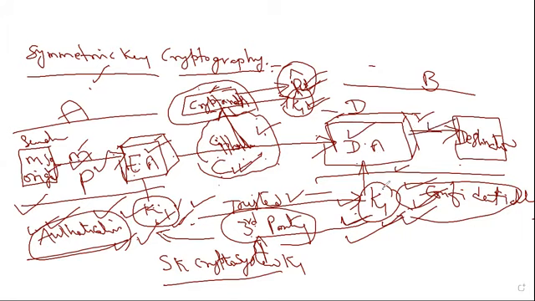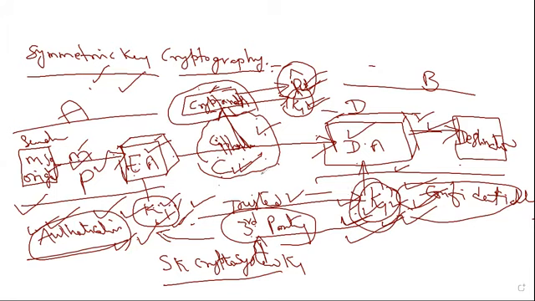And the next terminology is key, secret key. This particular secret key is used by both sender and receiver, and that too the same key, right? If the sender uses key K1, the receiver must also use key K1. So that's why we call it symmetric key cryptography or single key cryptography or secret key cryptography, because this key must be known to only the sender and receiver.